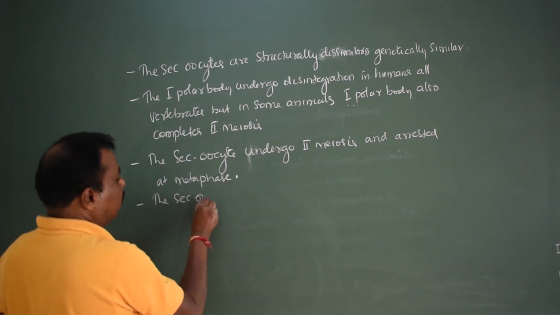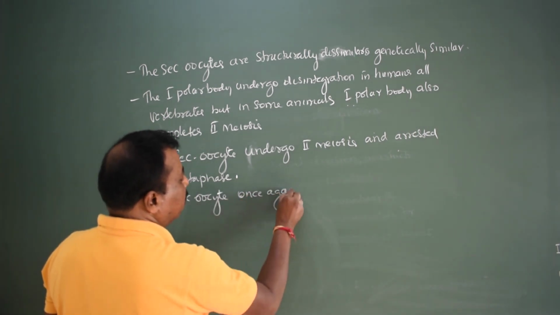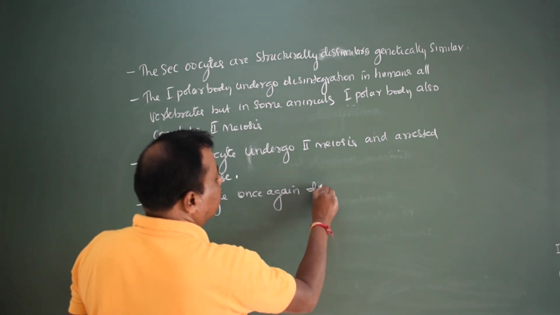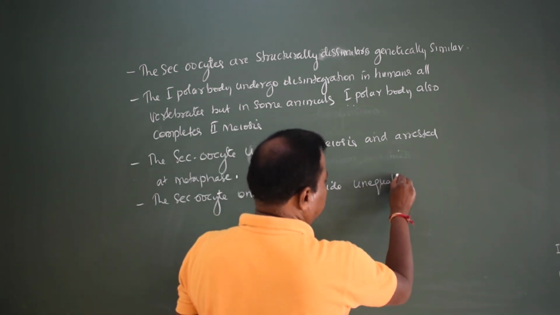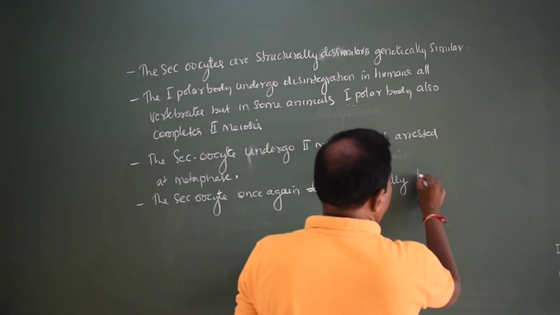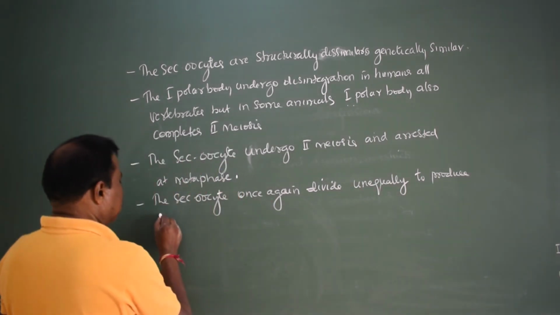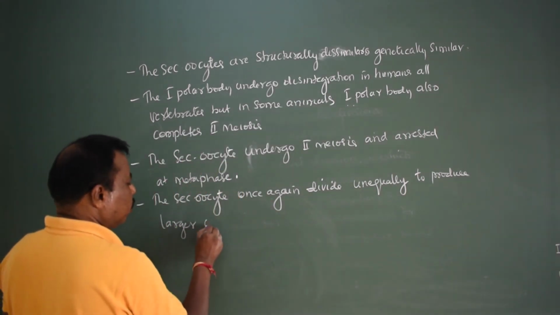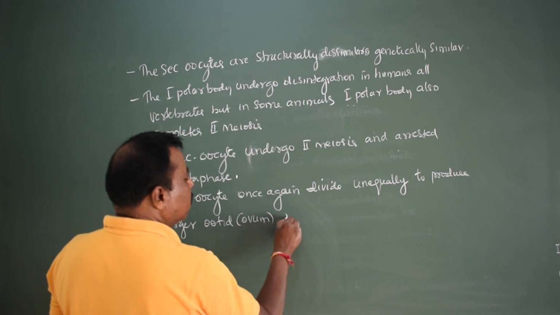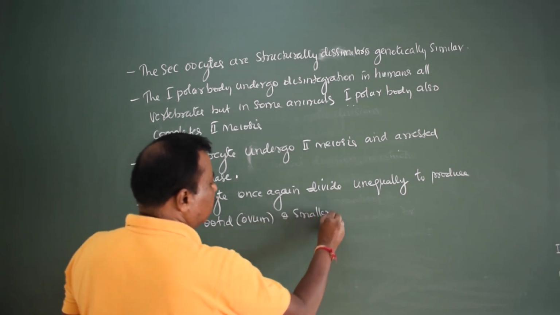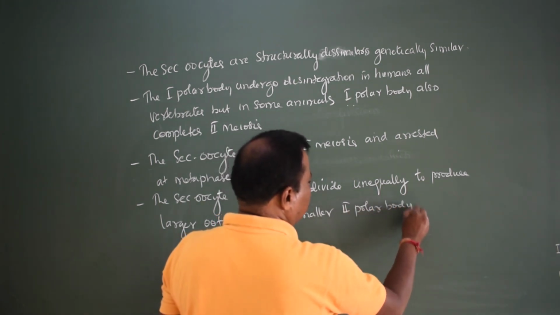The secondary oocyte, once again divides unequally to produce a larger ootid or ovum and a smaller second polar body.